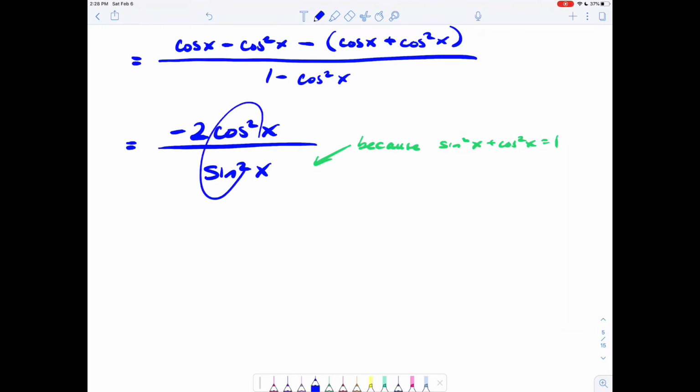Finally, I'm noticing that I've got cos squared x over sine squared x, and I know that that is equal to cotangent squared of x. So since cos x over sine x is equal to cotangent of x, cos squared over sine squared gives us cot squared.